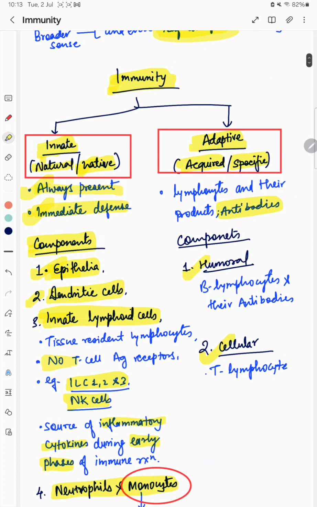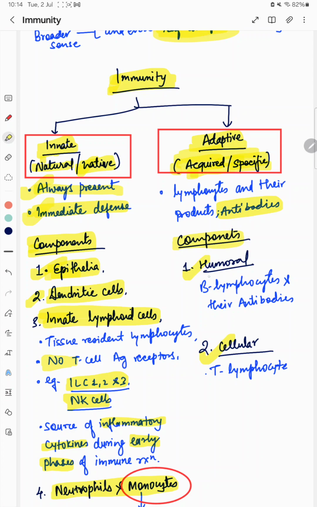Now we will discuss adaptive immunity. This adaptive immunity is also known as acquired or specific immunity. As the name suggests, this is an acquired immunity. So we develop this kind of immunity after birth, after exposure to a particular pathogen or antigen. What are the components of adaptive immunity?